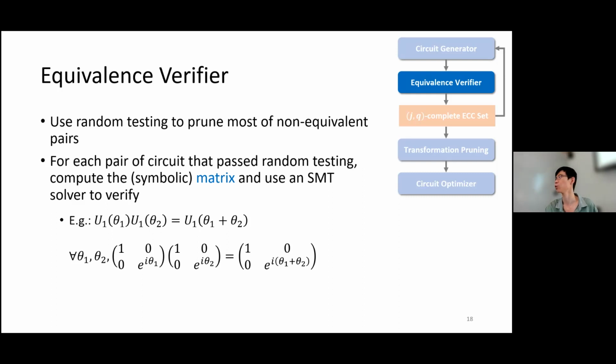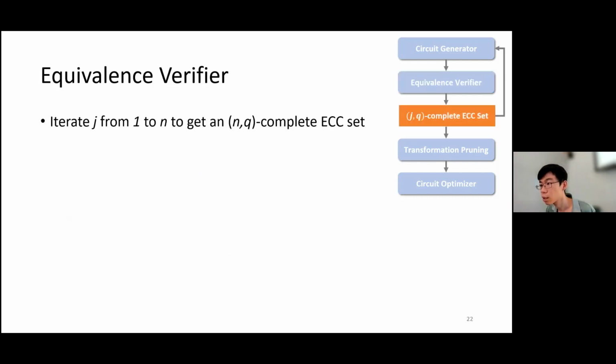You can actually do the matrix multiplication if there are not too many qubits. For example, if there are 5 qubits in total, and each circuit contains 100 gates, you can just do the 2^5 by 2^5 matrix multiplication for both of them, and then verify the equation. The random testing is basically, for example, if there's a parameter theta, you put in some random number.